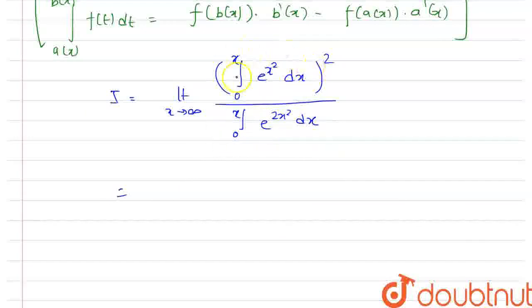Now consider it as x square. So differentiation of x square will be equal to 2 times x, that is 2 times integration from 0 to x e to the power x square dx. Now by chain rule, we will differentiate this function.